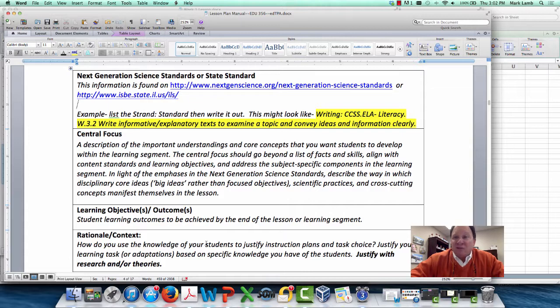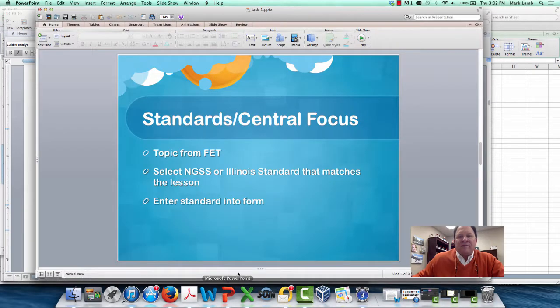If they give you a district standard, that's fine for the lesson you're going to be doing, but you're going to need to identify what Next Generation Science Standard or what Illinois state standard is most closely aligned to that. So if they give you a district standard, you'll have to look up and see a Next Generation Science Standard that addresses it. They may give you a standard, they may just give you a topic. Either way, you should be able to then identify a Next Generation Science Standard or Illinois standard.